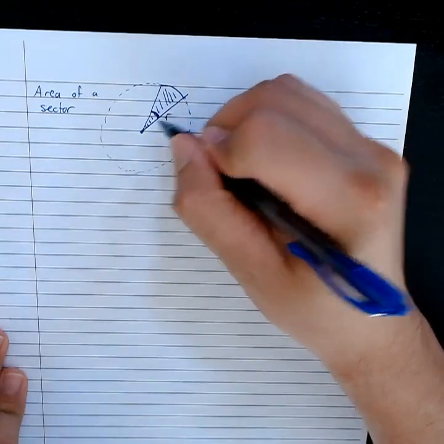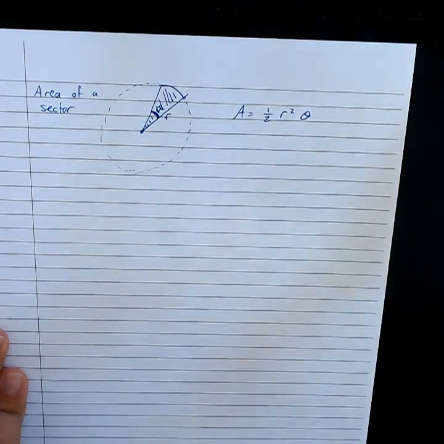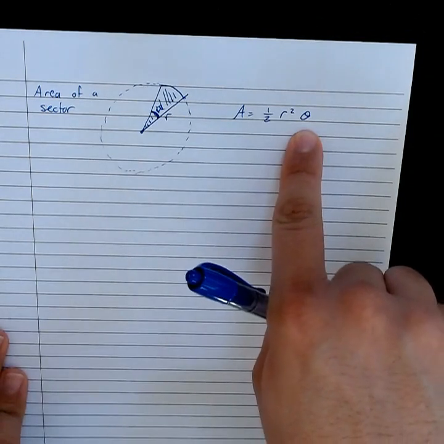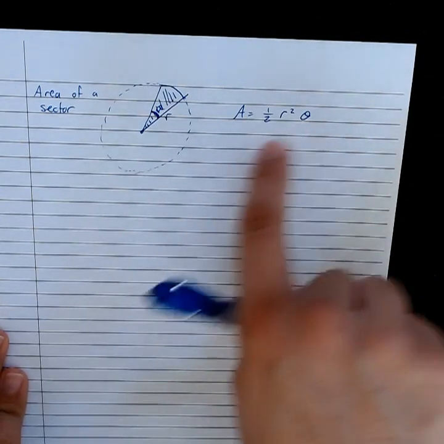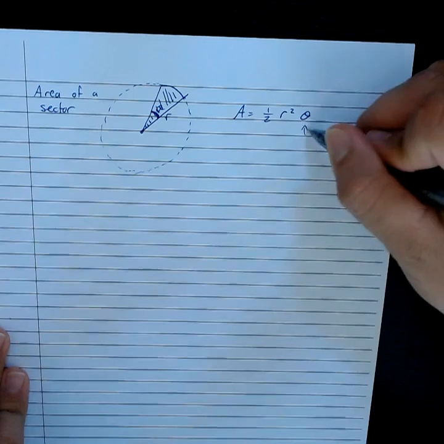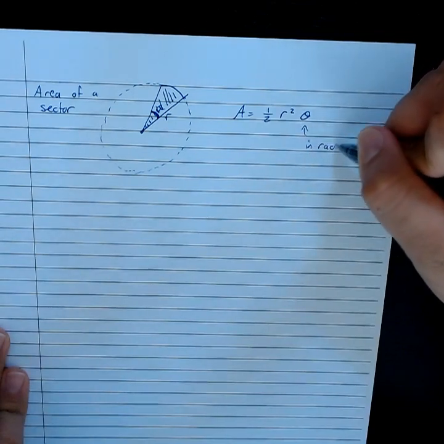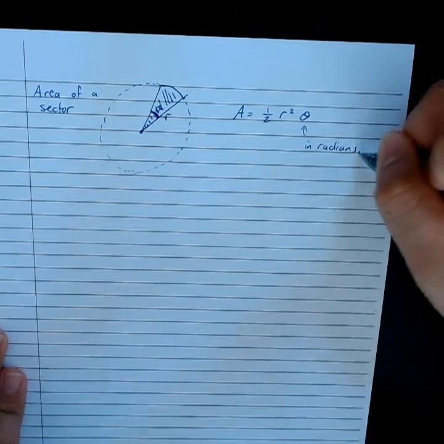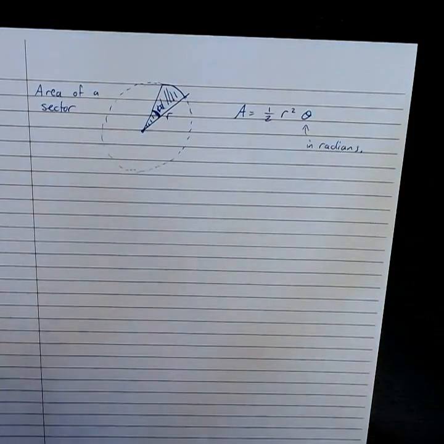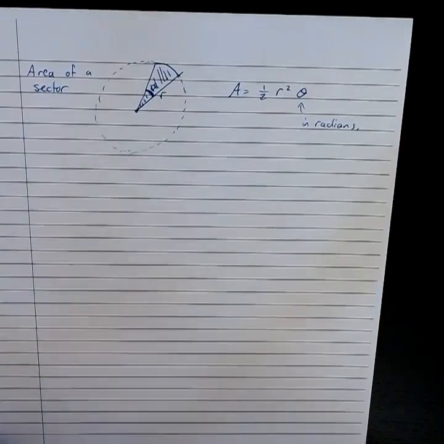So here this would be r, and this would be theta. The important thing here is theta should be in radians, not in degrees. Right? So make sure that's in radians. But otherwise this works out rather nicely.